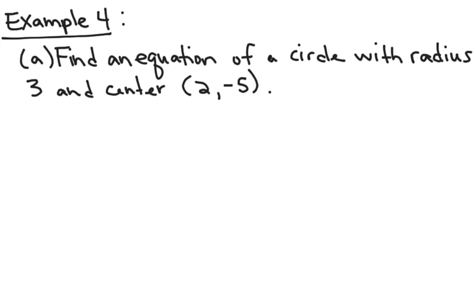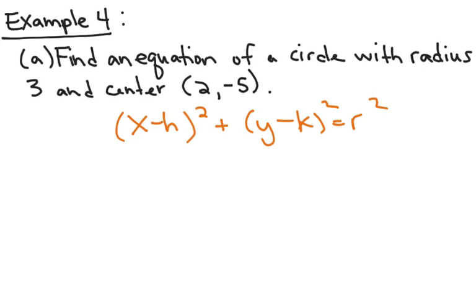Now, instead of drawing a circle, let's find an equation of a circle. Let's start with a simple one. Find an equation of a circle with radius 3 and center 2, -5. Well, the reason this is easy is because as long as you know the equation of a circle, which is (x minus h) squared plus (y minus k) squared equals r squared, I know that this must be h, this must be k, and this must be r.